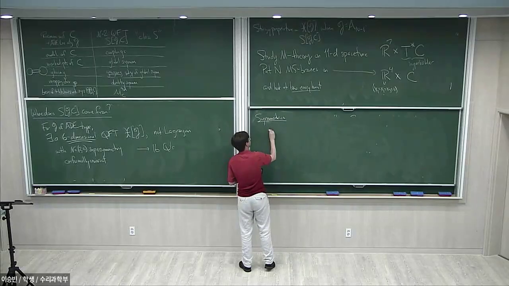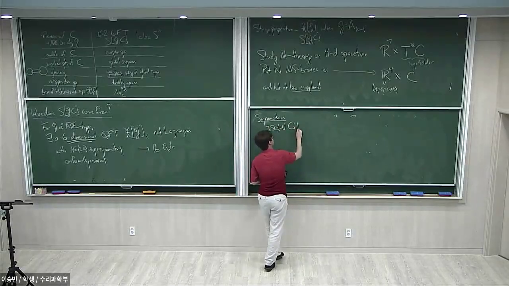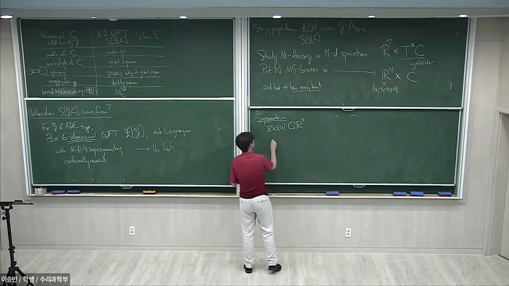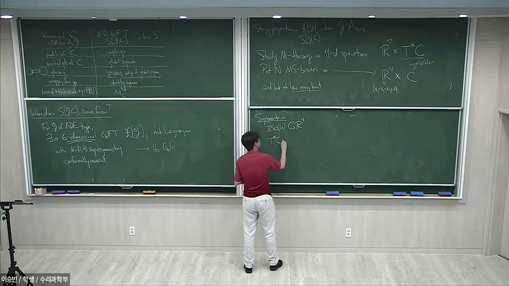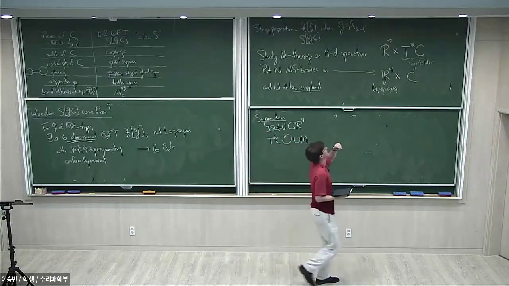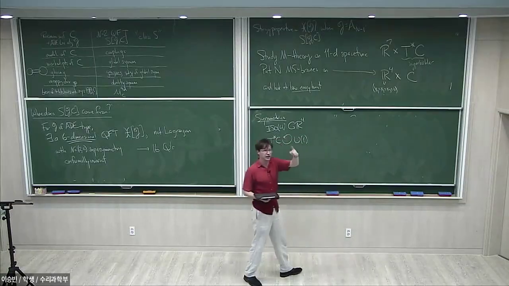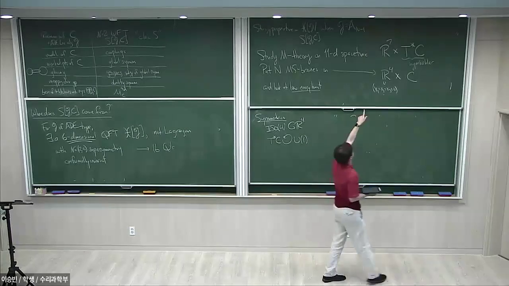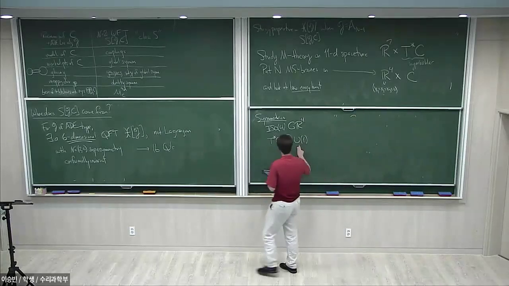Of course we see ISO4 acting on the R4 part. But then on the cotangent bundle of the surface, this hyperkähler metric is U1 invariant under the rotations of the fibers of the cotangent bundle. So this setup is invariant under rotations of the fibers. So there's a U1 in the story.